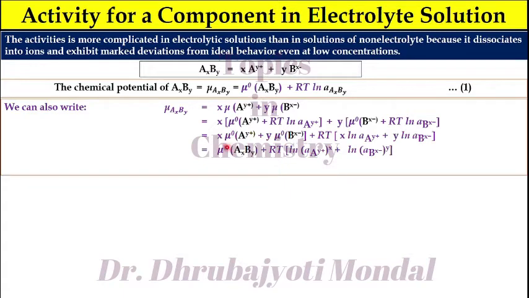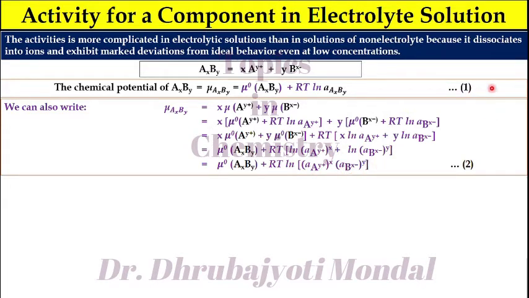So you can write x mu 0 of cation plus y mu 0 of anion, that is equal to mu 0 AxBy, the standard chemical potential, plus RT ln activity of cation to the power x plus ln activity of anion to the power y. And finally you can write mu 0 AxBy plus RT ln activity of cation to the power x, activity of anion to the power y.